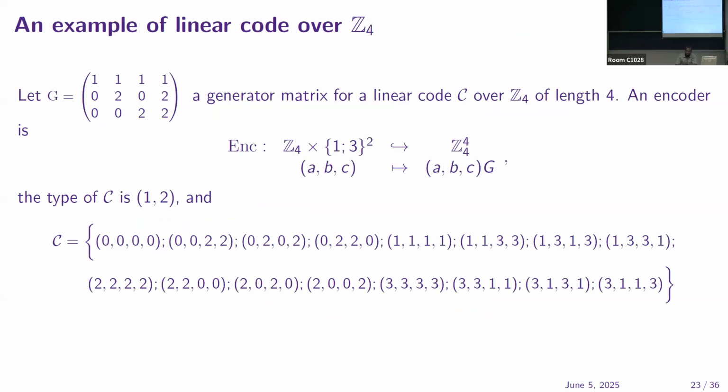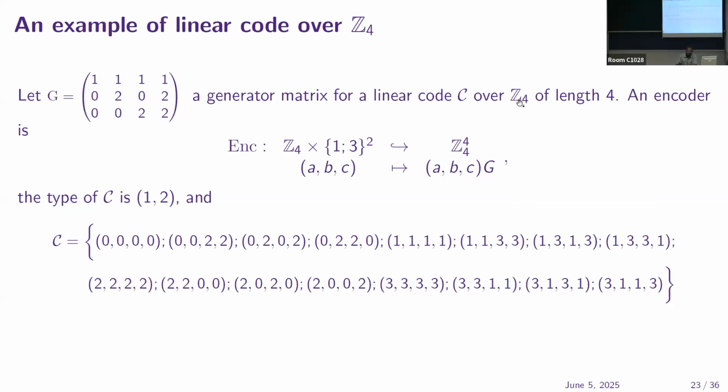For example, this is an example of a linear code over Z4. The type is 1, 2. There is one free row. There are two non-free rows. The residue field of Z4 is F2.